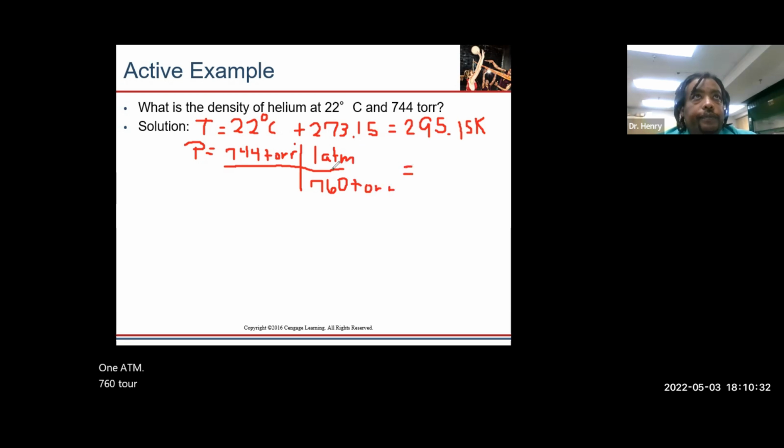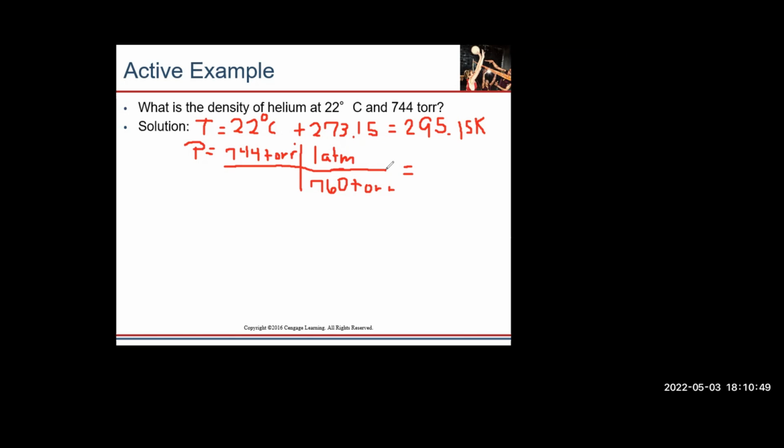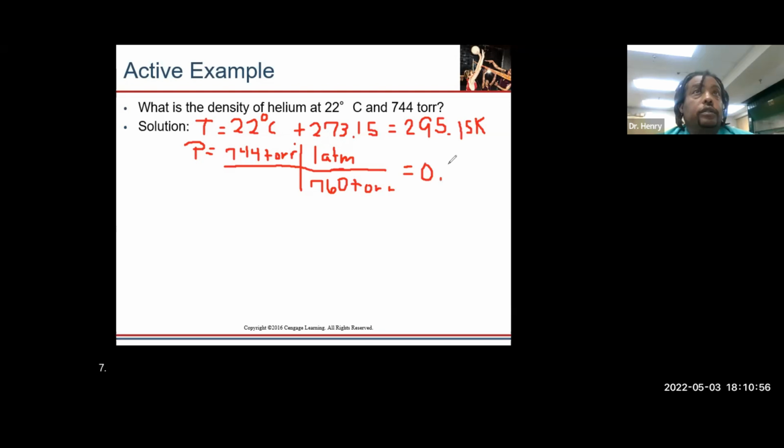And that's going to equal 0.979 atmospheres.